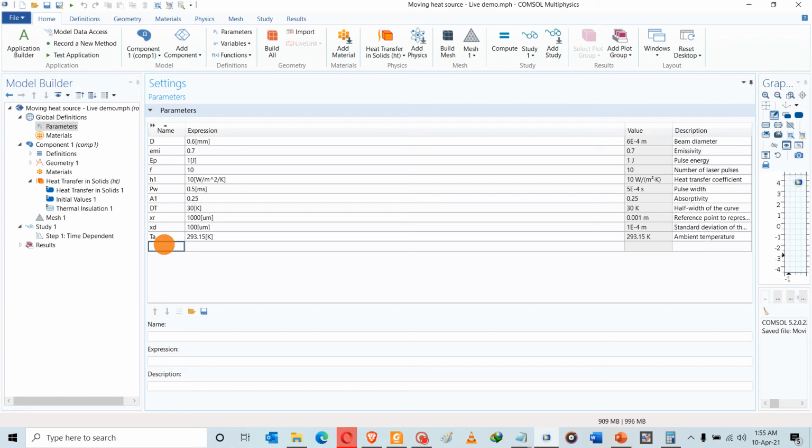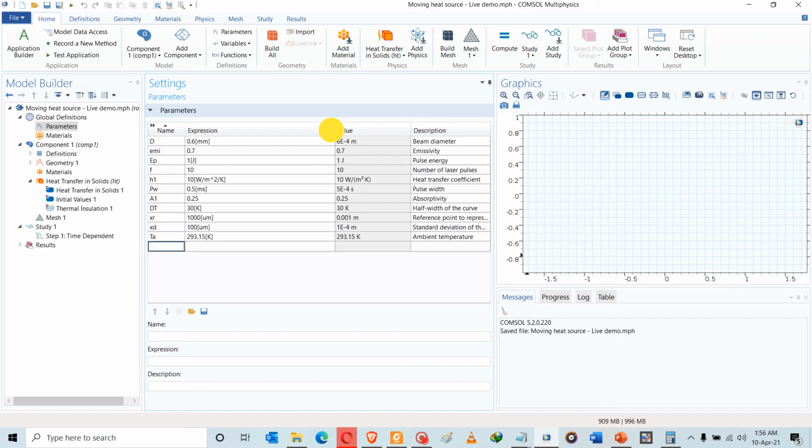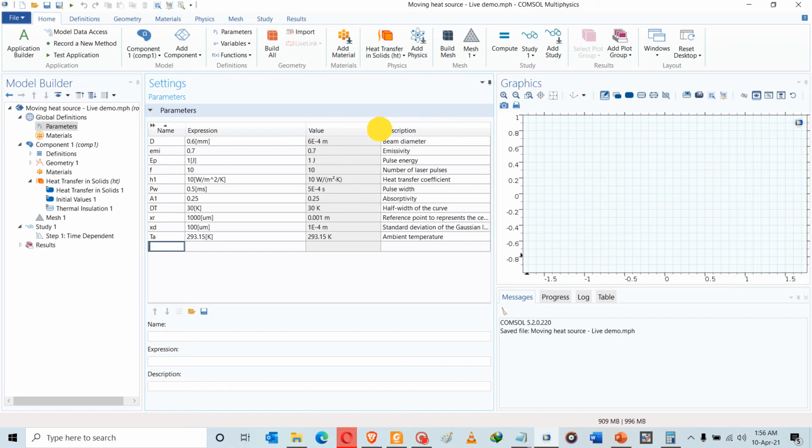So what I would like to insert here, we're going to create a rectangular sample which has a certain thickness and a certain width. But what I would prefer is to link the sample dimensions to the beam diameter so that we do not have a very large sample that is going to consume a lot of time when computing the calculation.